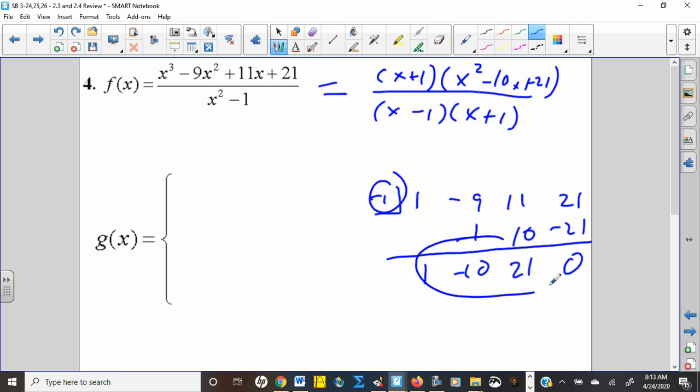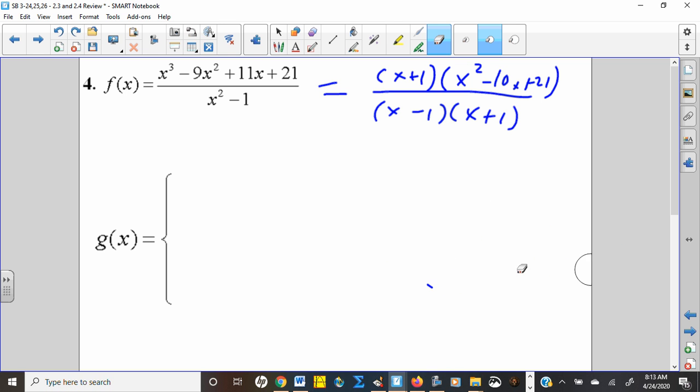That comes from right there. Some people will factor that, which is fine if you want to, but it's not necessary because we're just going to plug in anyway. Whether you plug your value into a factored equation or not, it's not going to make a difference one way or the other.